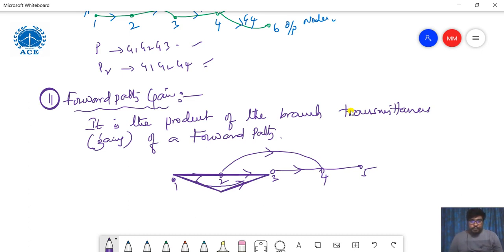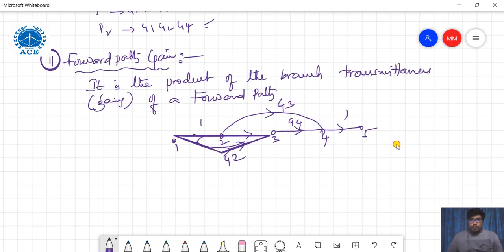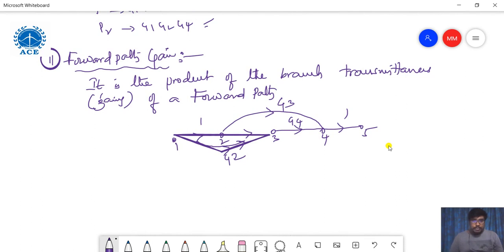And see, gain, suppose this is G1, this is G2, G3, G4. Now we need to calculate the product of the branch transmittances. So what is the branch transmittance gain?